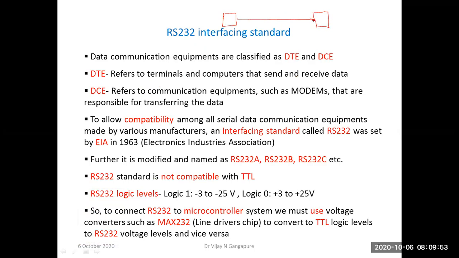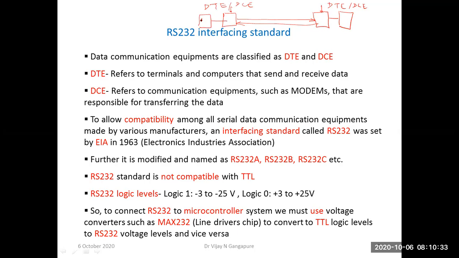For example, for transmission one line is there, and it could be possible to have another line for reception. These are called DTE and DCE, DTE and DCE at this end, and here also we can have DTE and DCE. If we separate this, we can draw one more block here and here also.